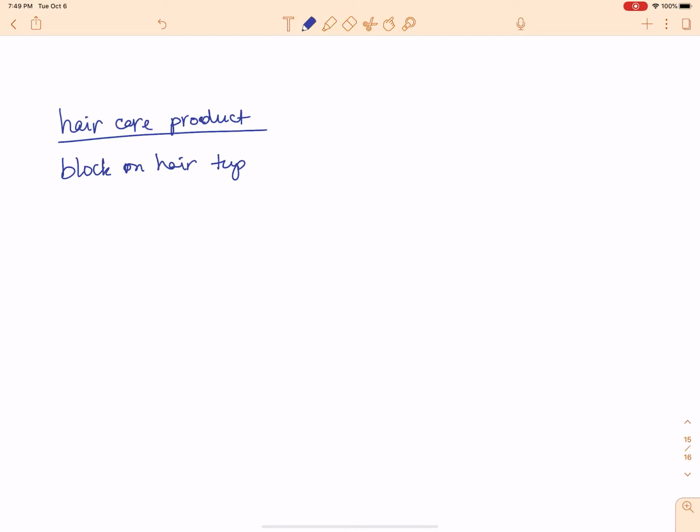You can get as specific as you want. We could have completely straight hair, slightly wavy hair, curly hair, etc. When I block, I block consciously, so I would block these into two groups of curly hair and straight hair.